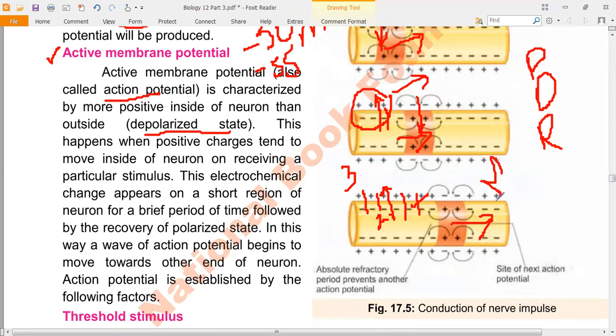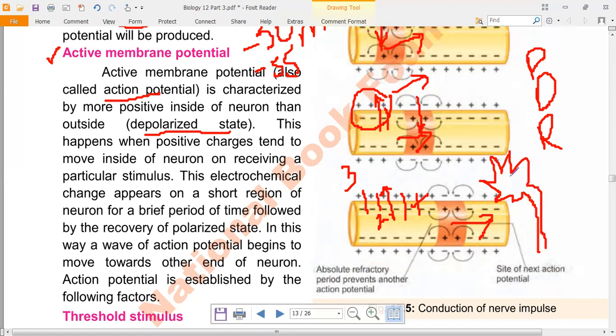As you have seen the structure of the neuron, here the action potential is moving this way, and in the last it has lots of axon terminals, and it reaches the axon terminals here in the last.